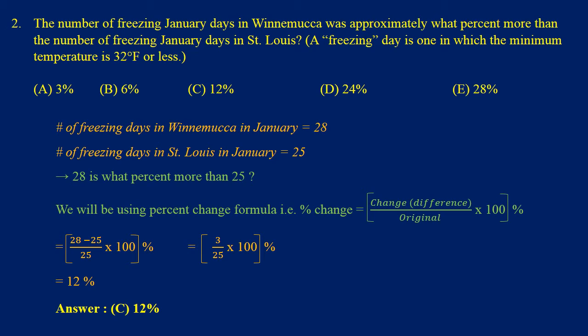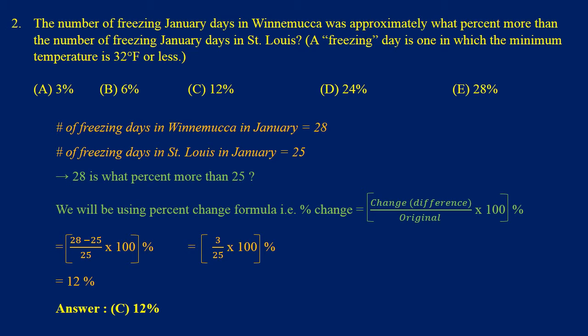Okay, now our second question says that the number of freezing January days in Winnemucca was approximately what percent more than the number of freezing January days in St. Louis. And it further tells us that a freezing day is one in which the minimum temperature is 32 degrees Fahrenheit or less. Now, look at the question.